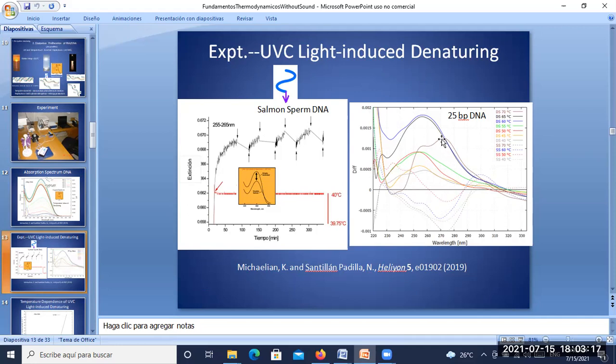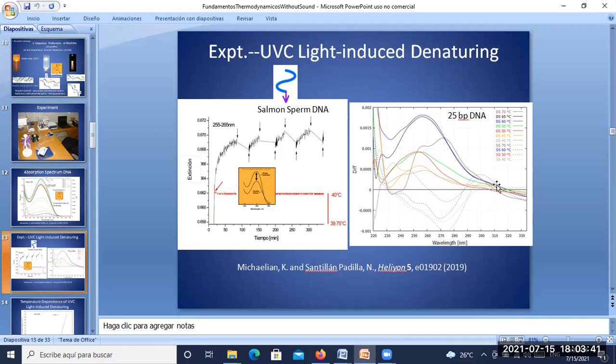So this is double strand, right? And we also did it as a function of temperature, but keeping the temperature constant. And we get greater ultraviolet light induced denaturing the higher the temperature. So this spectrum goes up.